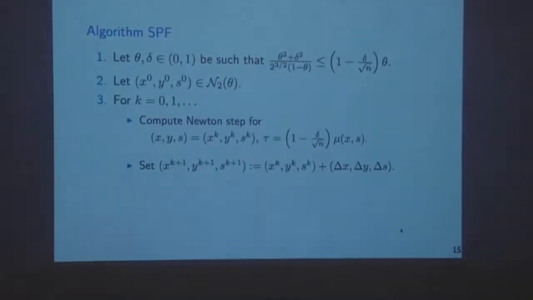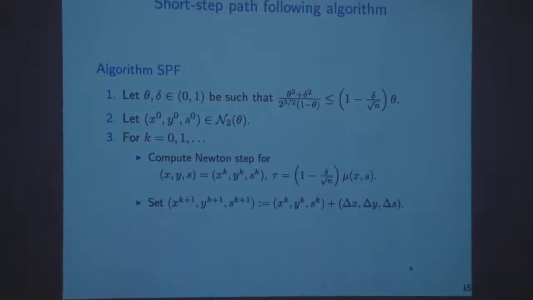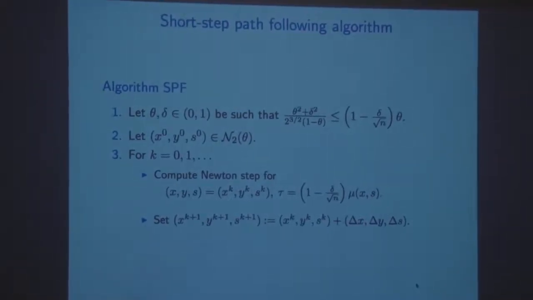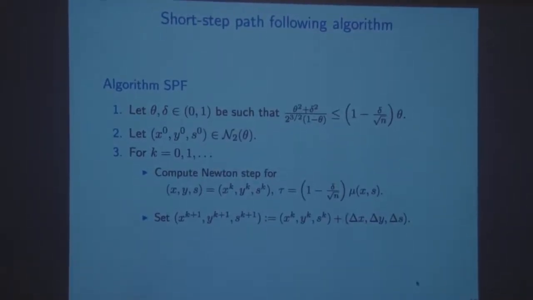All right, so this is the main algorithm that I'm going to discuss in detail, the one that we just finished. There are many variations on this same template. In particular, the reason that this is called short step is because that neighborhood, the 2 neighborhood, is a tiny neighborhood. So the steps that the algorithm would take are really short.